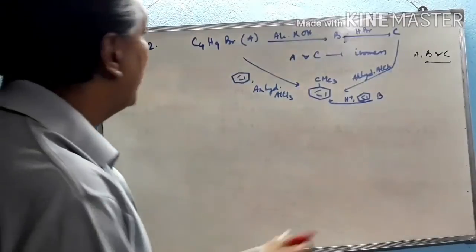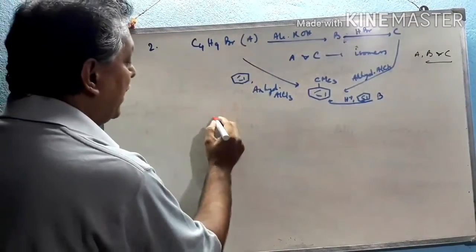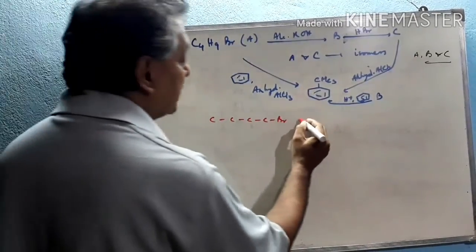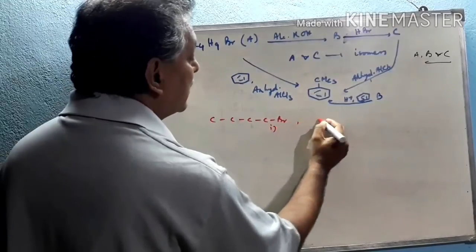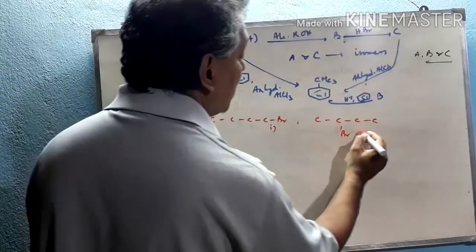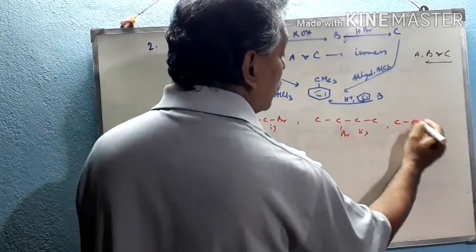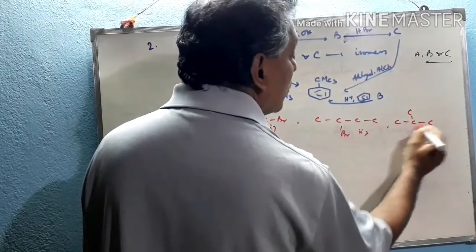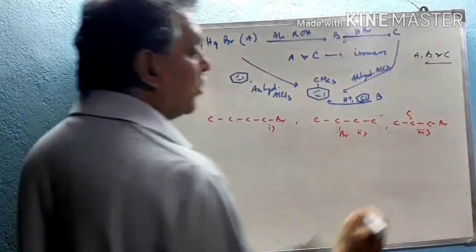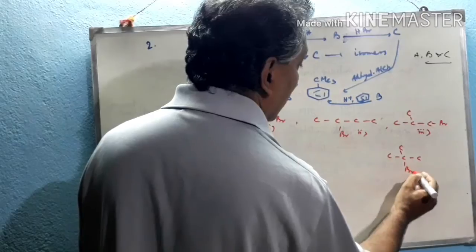Now how can we identify? First, the structures of C4H9Br. This is 1-bromobutane, number 1. This is 2-bromobutane, number 2. This is 1-bromo-2-methylpropane, number 3, and 2-bromo-2-methylpropane, number 4.